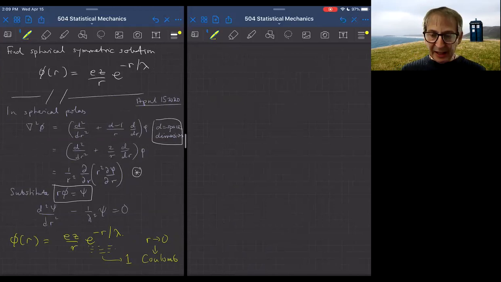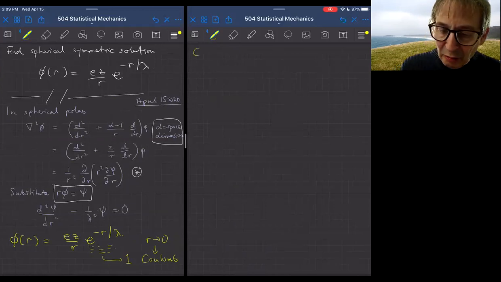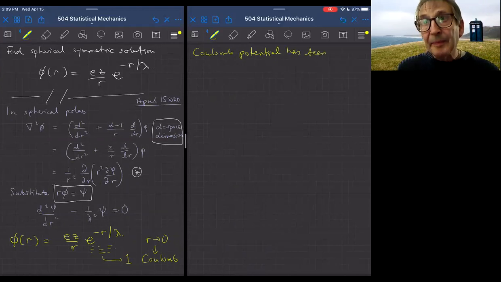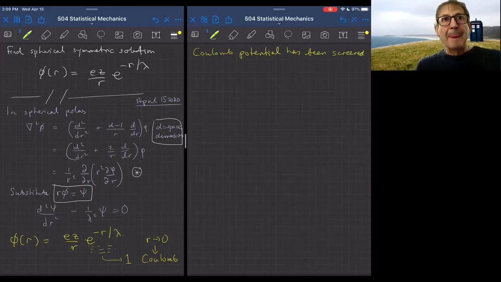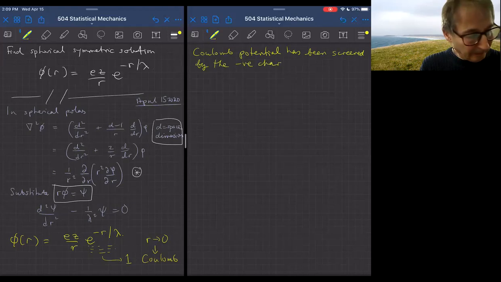Okay, so that's the solution of the equation, and we can interpret this in the following way. What we say is that the Coulomb potential has been screened by the other charges, and now falls off rapidly with distance.